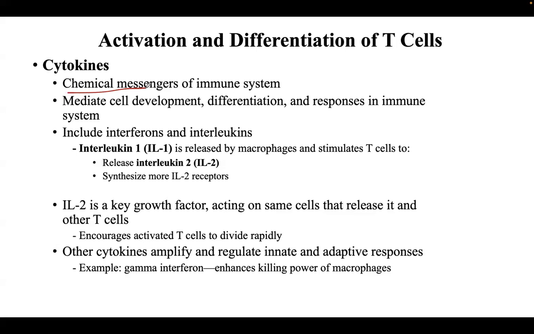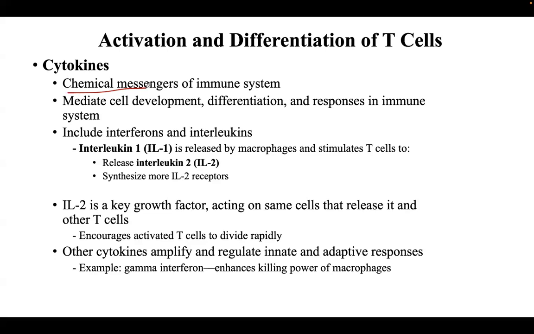For example, interleukin 1 is released by macrophages. These cytokines are produced mostly by T cells and some by macrophages. And they have different roles. For example, interleukin 1 is released by macrophages, and when it is produced, it helps the T cell to produce interleukin 2, which is a second factor. What does that do?